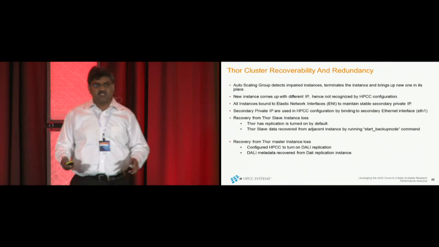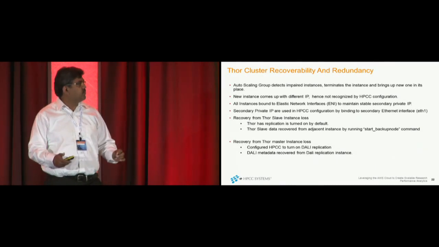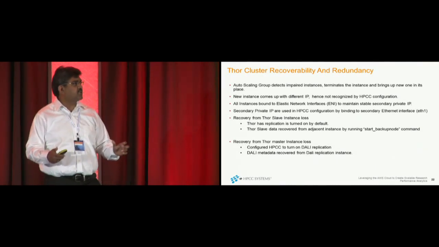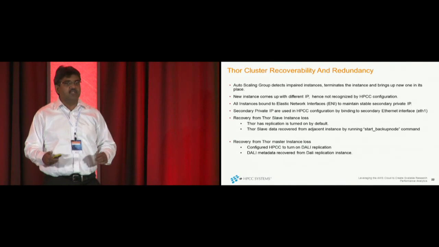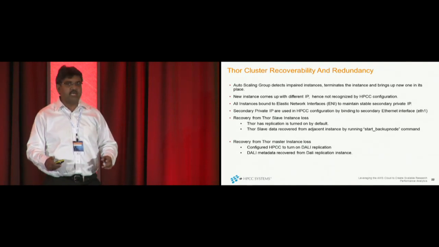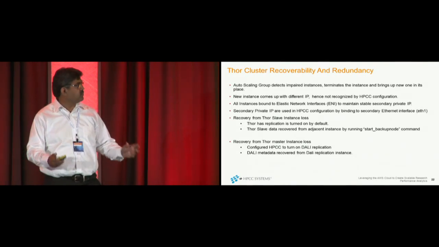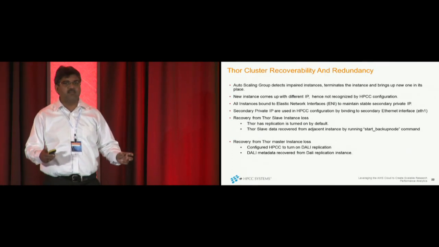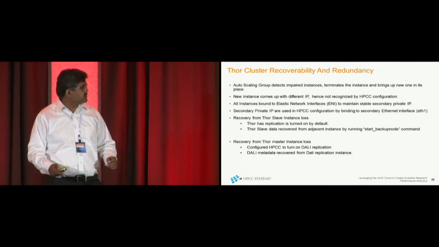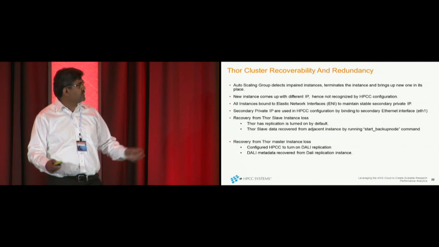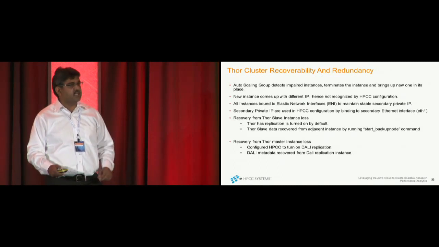To address this, we used an AWS resource called Elastic Network Interfaces, ENI. Using ENI, you can create fixed IPs, and you can bind these fixed IPs to the EC2 instances. So we resolved this issue by using the ENIs.